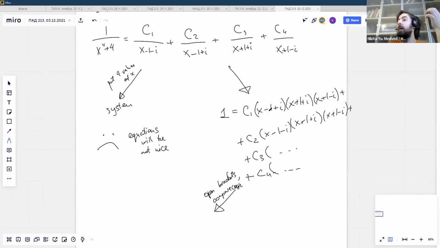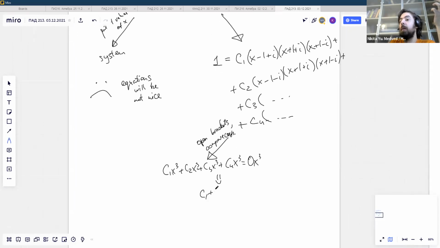It will be c1 times x cubed plus c2 times x cubed, etc. And on the left-hand side you have no x cubed, so it follows that c1 plus c2 plus c3 plus c4 equals 0.